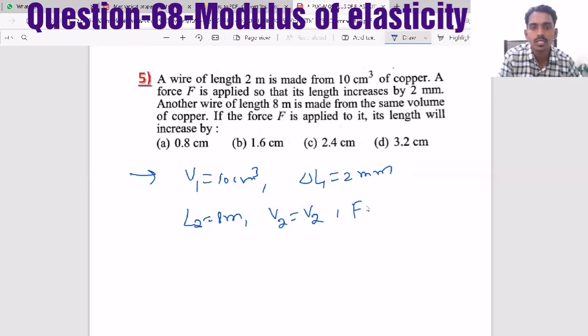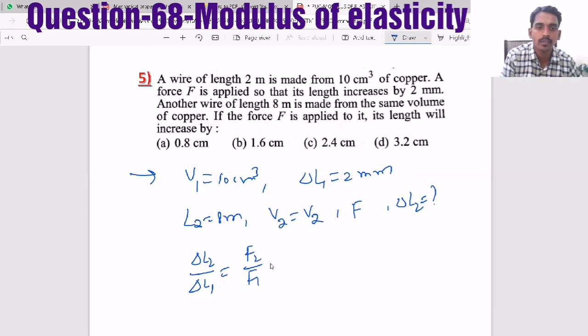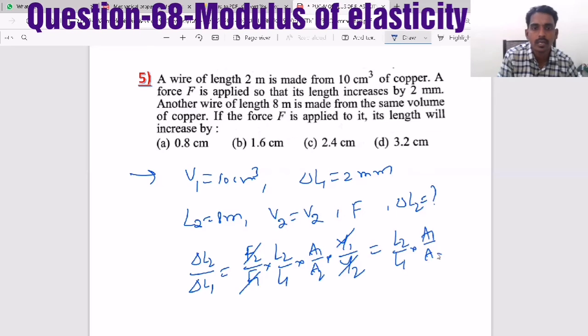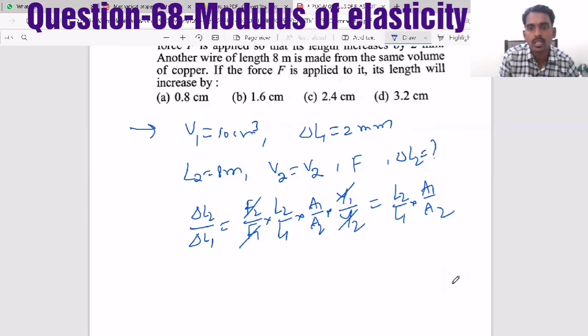If the same force is applied, its length will increase by delta L2, how much? Now delta L2 by delta L1 equals, as we have taken, F2 by F1 and L2 by L1 into A1 by A2 into Y1 by Y2. Now both are copper, so Y1, Y2 cancel. Both experience the same force, so they cancel each other. Now here, L2 by L1 times A1 by A2.